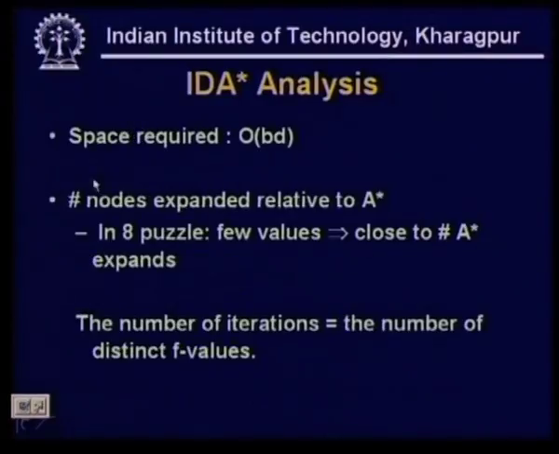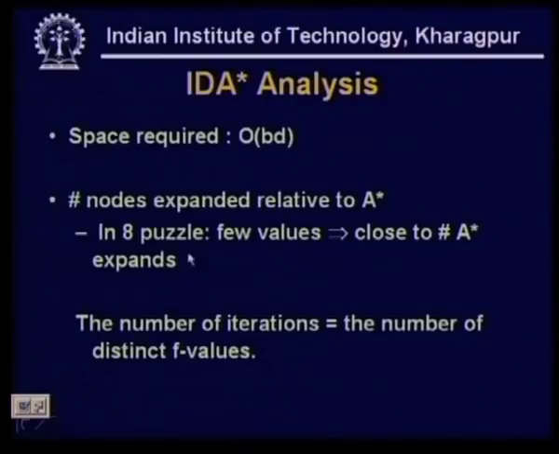In that case, at every iteration only one new node will be expanded, and in this case IDA star will expand the square of the number of nodes in A star, which we will see. So, space required by IDA star is O(bd), and now the number of nodes expanded relative to A star.